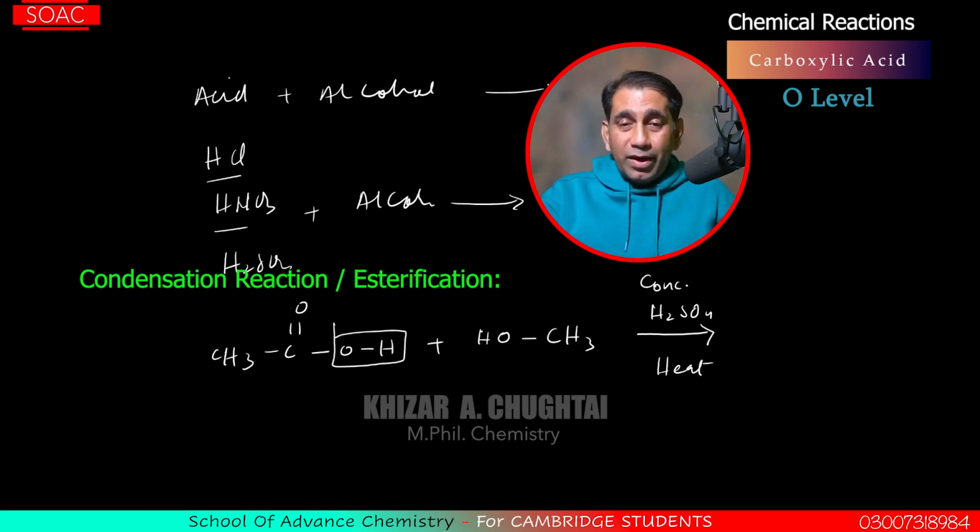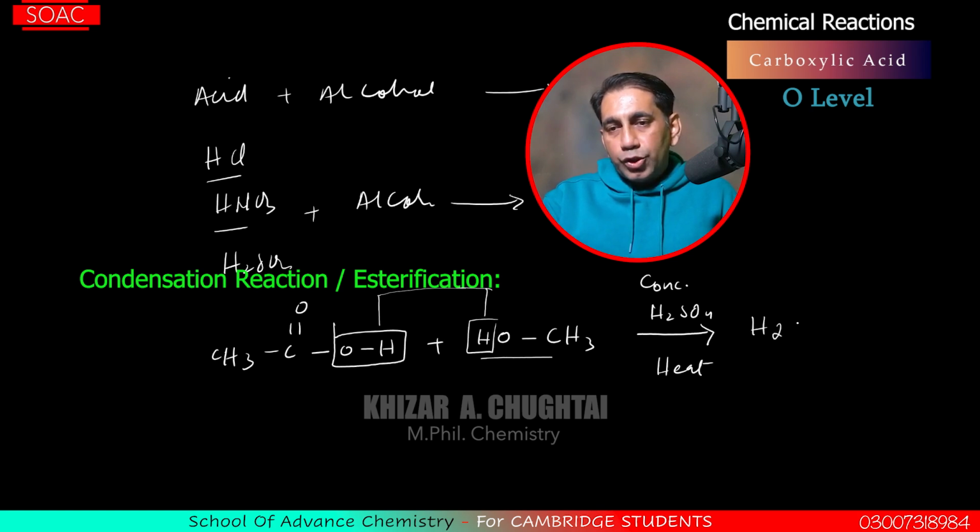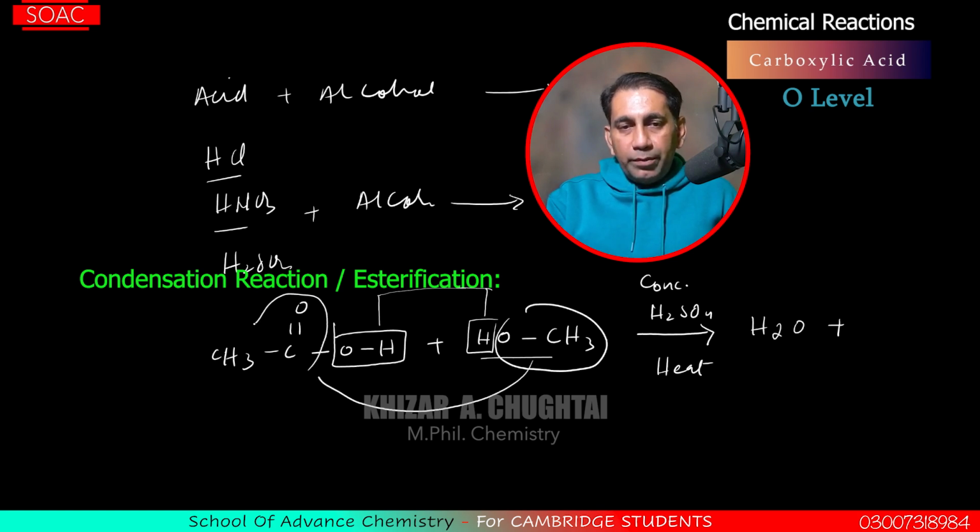It's going to behave as a simple reagent which is losing the OH group. In this case, the alcohol will contribute hydrogen. So H from alcohol, OH from acid, they will meet together to make H2O. Plus, these groups will be combined to make another compound that is called an ester.